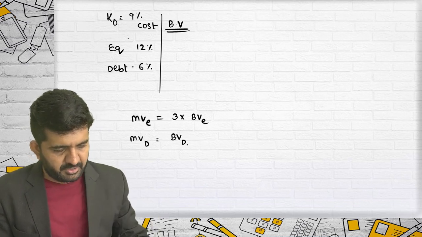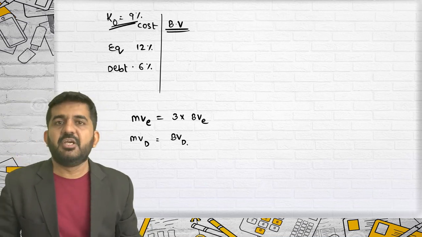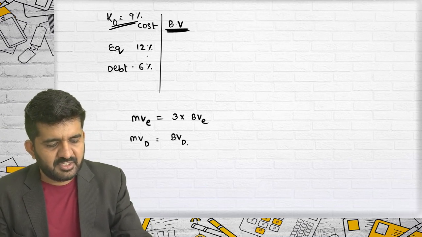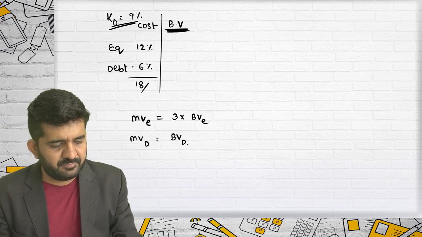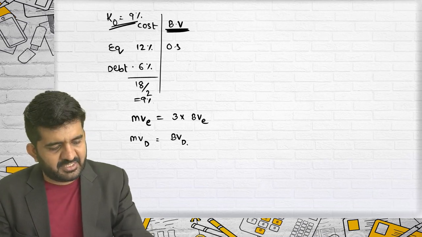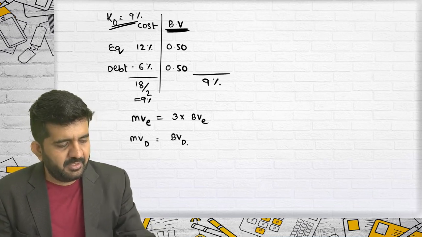This Ko is 9%. If Ko is 9%, I can find out this weight. So believe me, that's a simple average. If it is a simple average, weights are equal. Correct. Then only this will be 9%.